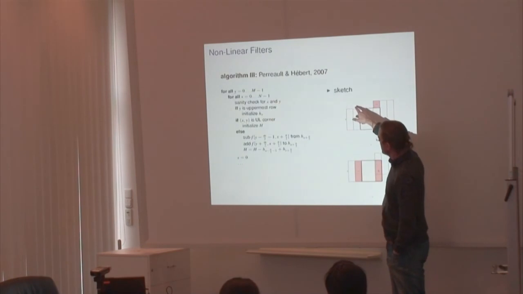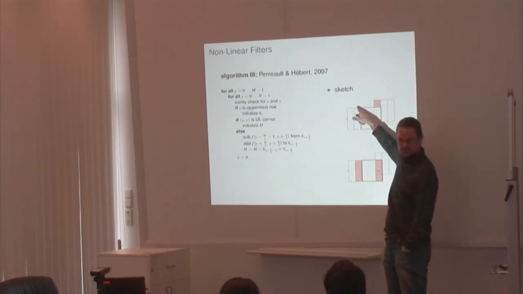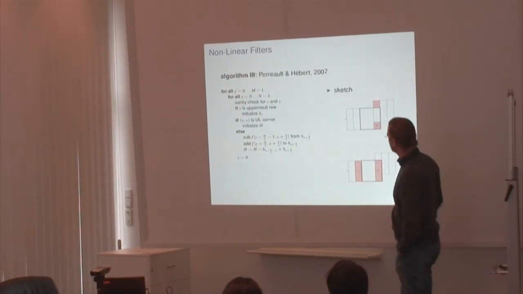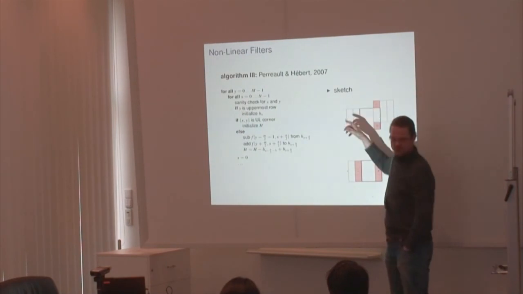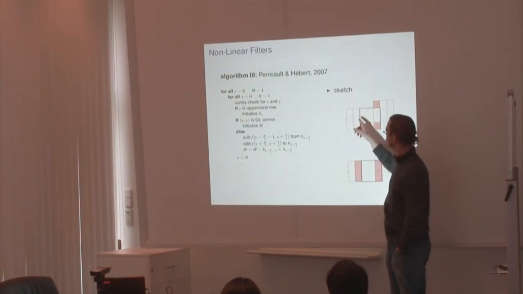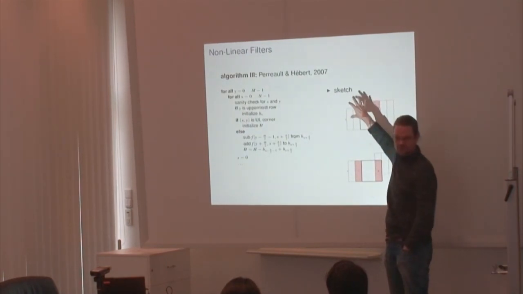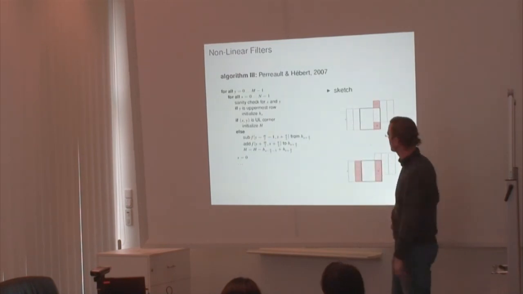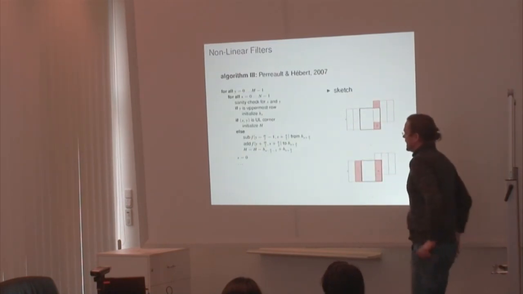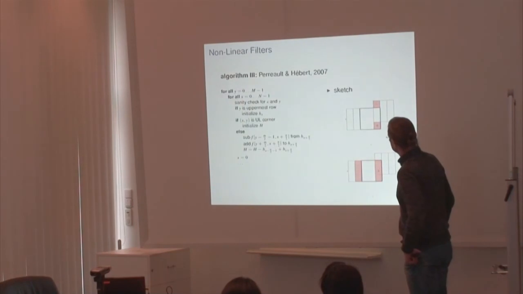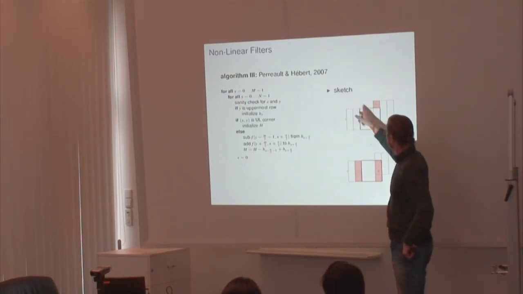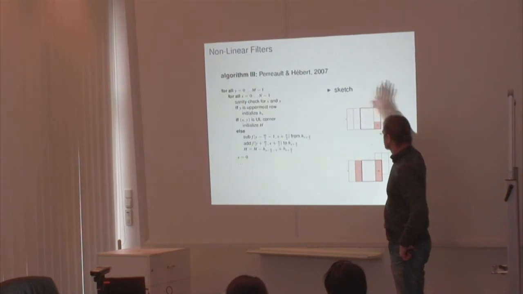If we are at the first sane pixel, then we also initialize a histogram that contains the values of the neighborhood we are interested in. And now we move one pixel, let's say we were here, and this doesn't matter where we do that.